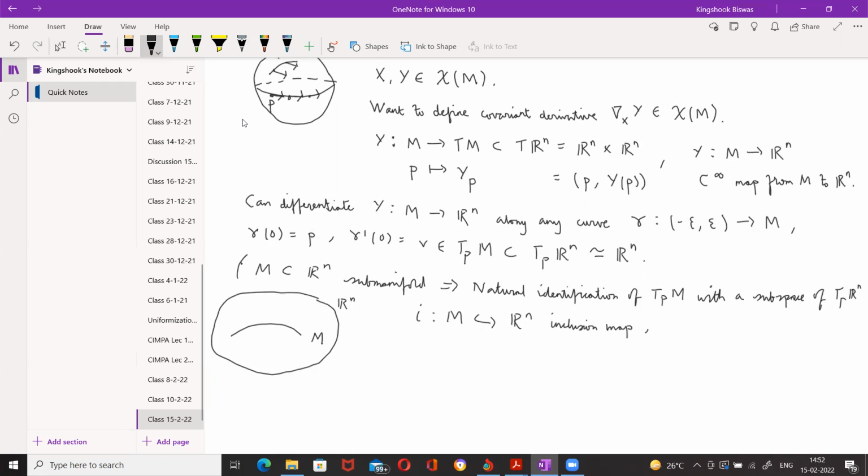So the derivative of the inclusion map at a point P. Yes, question.